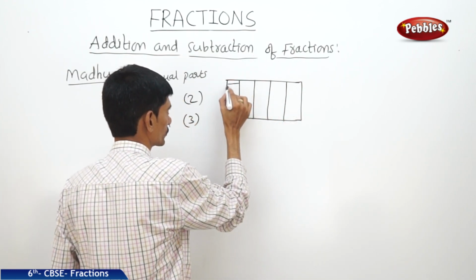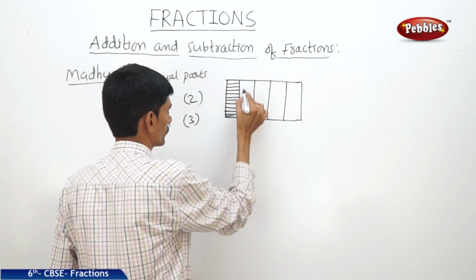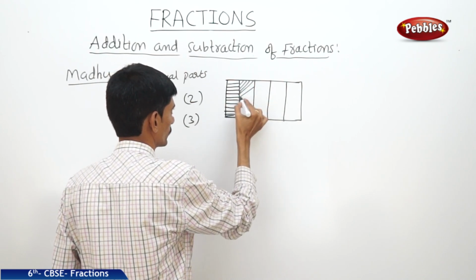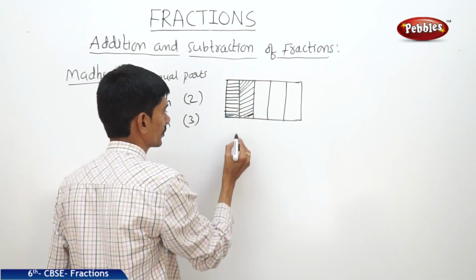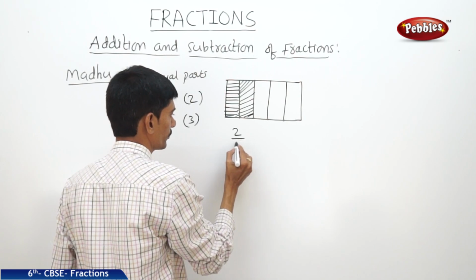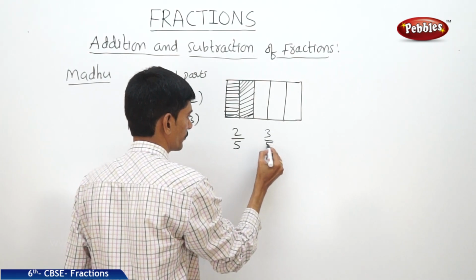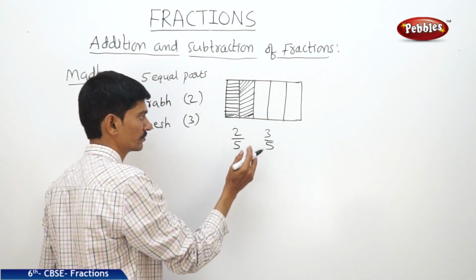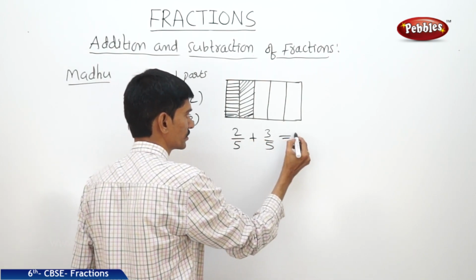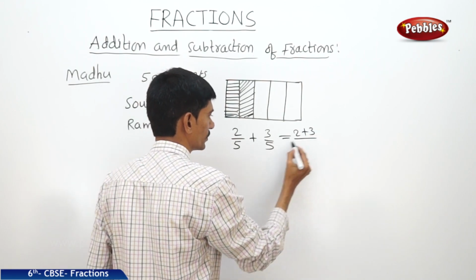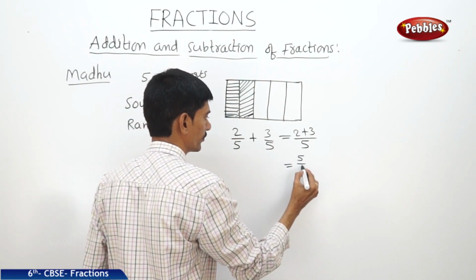In these 5 parts, 2 parts are shaded, so 2 parts out of 5 are shaded and 3 parts are not shaded. So when we write 3 by 5, when the denominators are equal, we can add the numerators 2 plus 3 by keeping the same denominator 5. So this equals 2 plus 3 is 5 by 5.